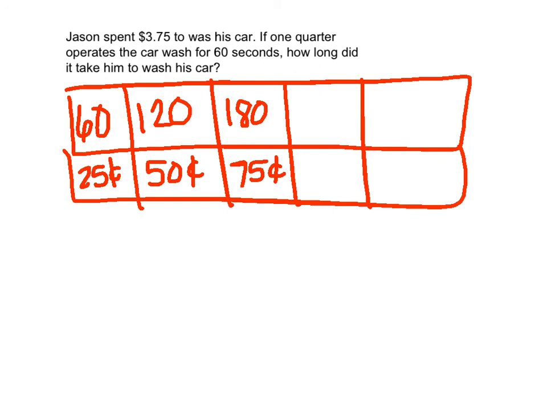Keep your chart going, and you can solve this problem to figure out how many seconds it took him to wash his car. Okay? I want to know the seconds that it took him. I want to know the minutes that it took him. And I want you to see if you can find an algebra equation. Okay? Something with an x equals something else to solve this problem. The chart will help you.